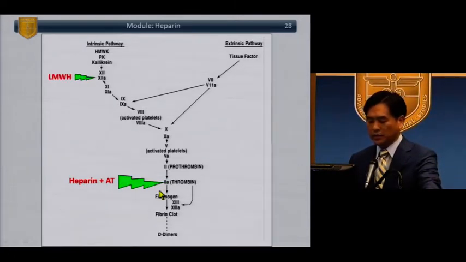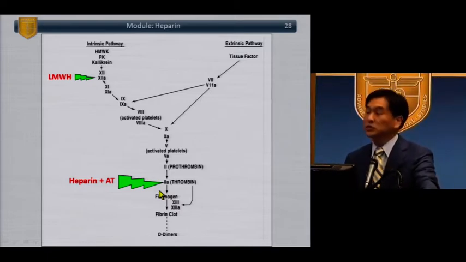Okay, and heparin plus antithrombin amplifies the inhibition of thrombin. So if you inhibit a factor, it bleeds, which is why this stuff is red. Low molecular weight heparin does have activity here, but has more of its activity up here at factor 12. Again, since it inhibits here, it helps you bleed, which is why it's red.